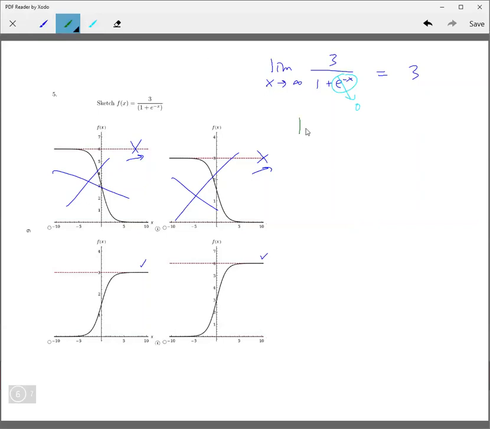Okay, now as you go to, wait a minute, this is 6. So I take that back. This is 6. It should be 3. It should be going this way, right here. It should be going to that. So that one's out too. Okay, but let's take the limit as x goes to negative infinity.